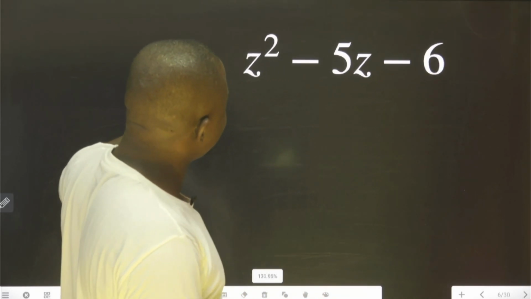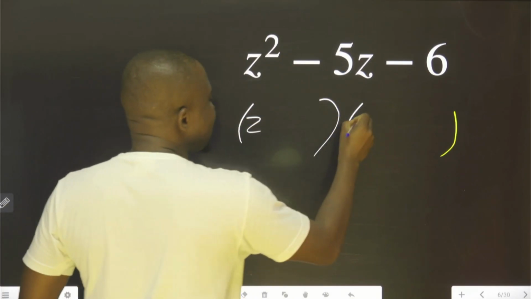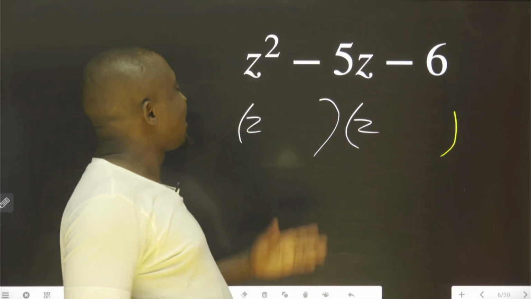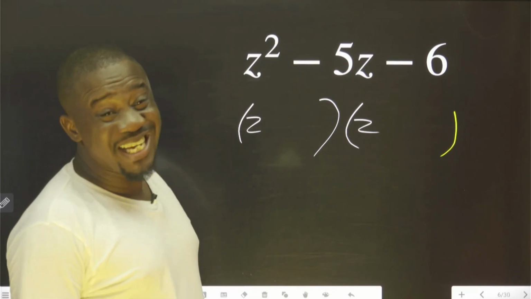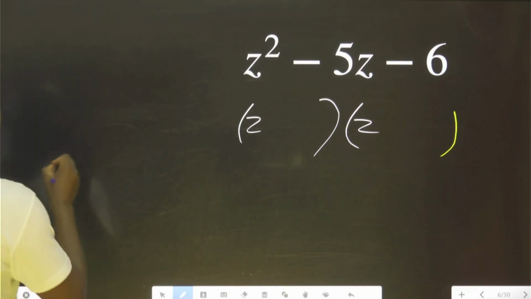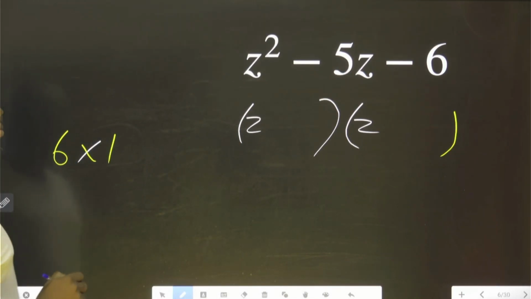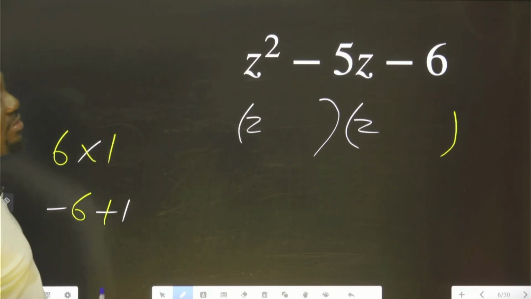Let's look at this. z squared plus 5z minus 6. Because the coefficient here is 1, put z. Now, what are the two values? If you multiply them, you have minus 6. If you add them, you have 5. I can see 6 multiplied by 1 will give us 6. Minus 6 plus 1 will give us minus 5.